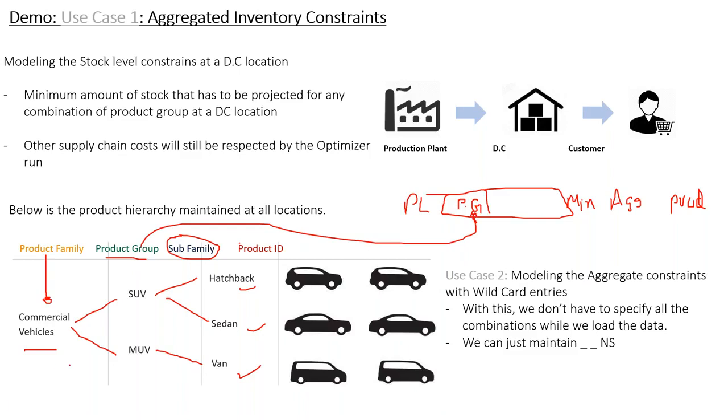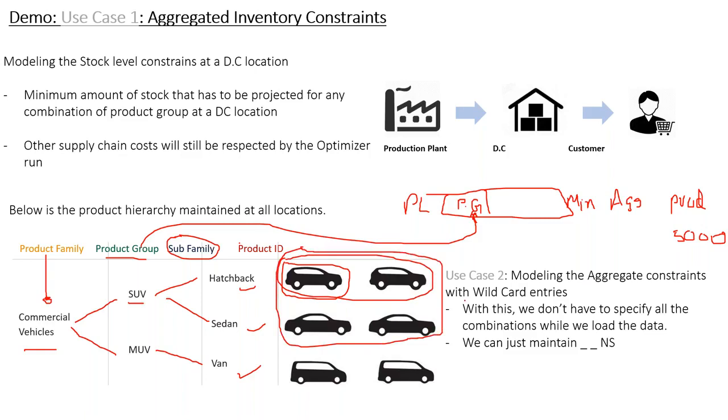The planner will go and say SUV, and then say that the minimum aggregate should be like 5,000. So minimum you have to produce 5,000 of the product group SUV. If you say 5,000, the system might produce all 5,000 of this SKU, or maybe this and this, or maybe in total. But the total sum would always be 5,000 for that particular week.